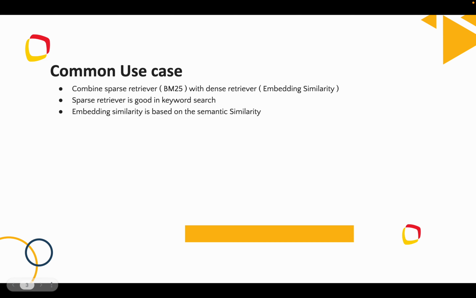The BM25 retriever only retrieves based on keyword search, so if the query is too small, sparse retrievers may give a better result. But if the context is very clear, then dense retrievers may give a better result. With ensemble retrievers, we can combine these two retrievers and get the benefit of both. So we'll see how that can be done.